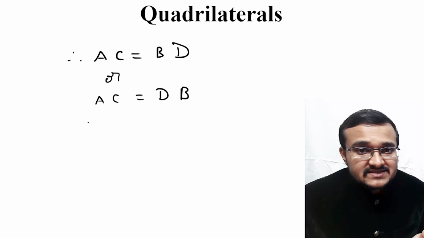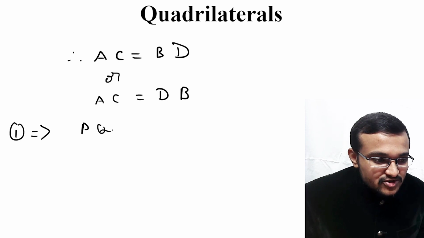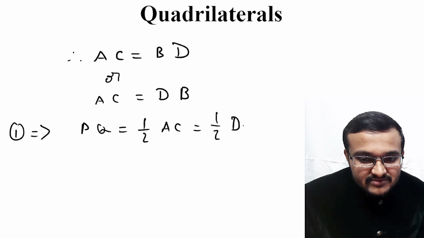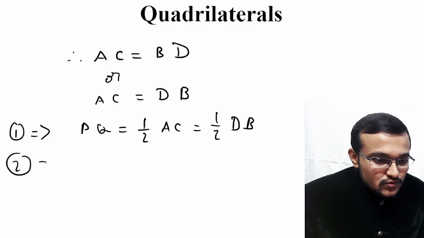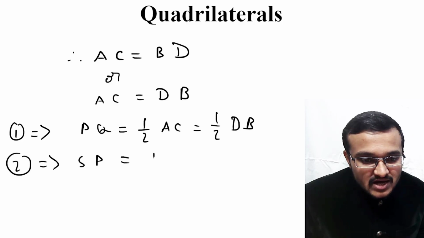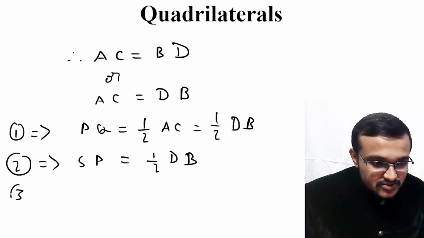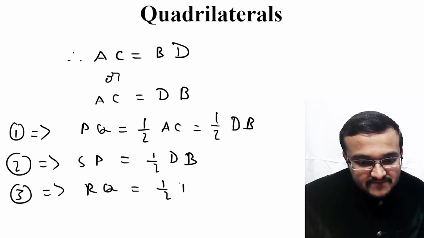So if you are writing AC is equal to DB, then your equation 1, PQ is equal to half AC, can be written as half DB, because AC is equal to DB, and equation 2 is SP is equal to half DB. And equation 3 we have RQ is equal to half DB.